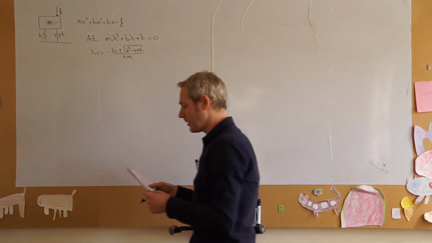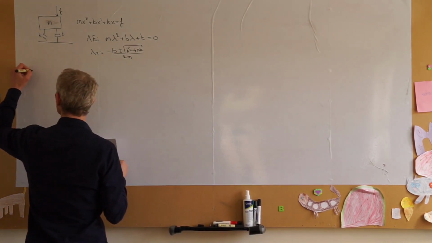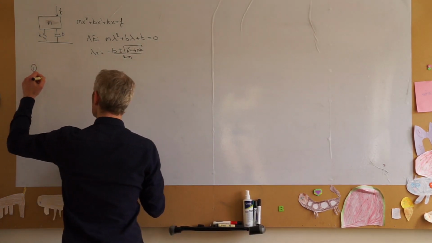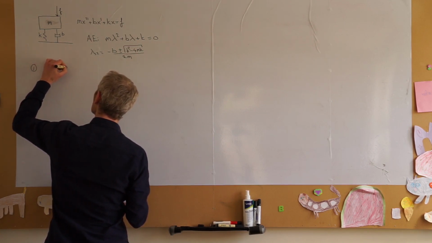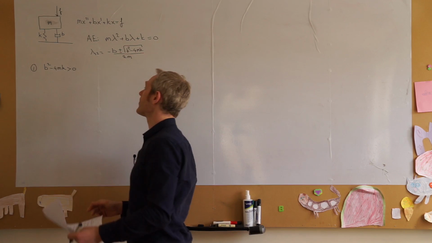And this is the way we did it in engineering, mathematics and modeling. The first situation is where b squared minus 4mk is larger than 0.